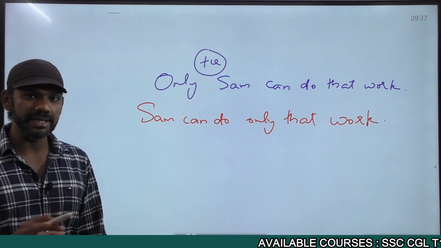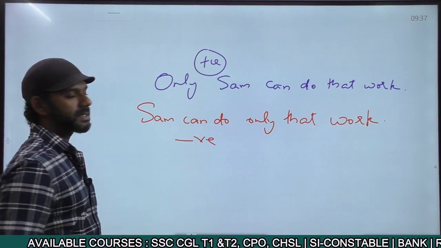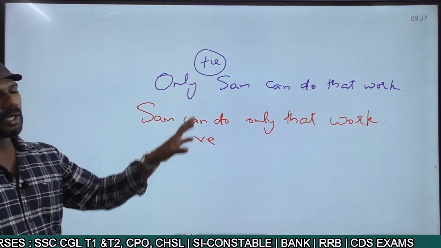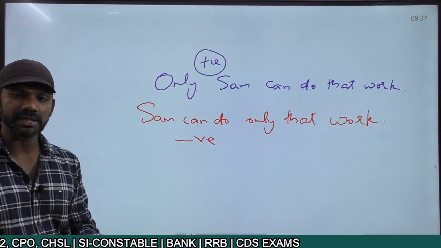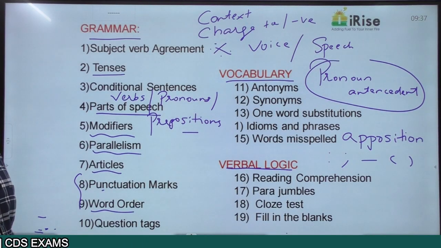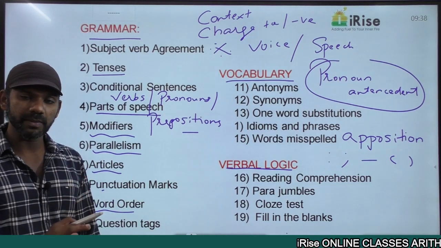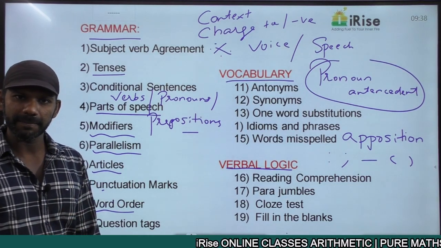He cannot do any other work. Now I am putting him down. Now this sentence is negatively charged. So when the word order changed, the meaning got completely changed. The charge also changed. So you must be able to understand the meaning of every sentence based on the order in which the words are arranged in the sentence. And in the case of grammar-based questions, the error may be with word order.